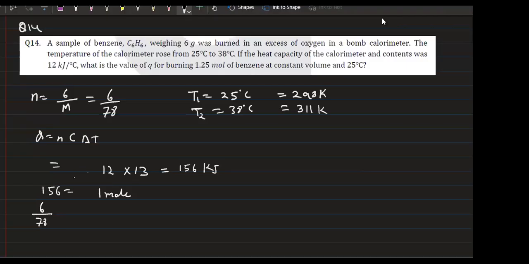Wait, this is the energy. The heat capacity is capacity है, ठीक है.